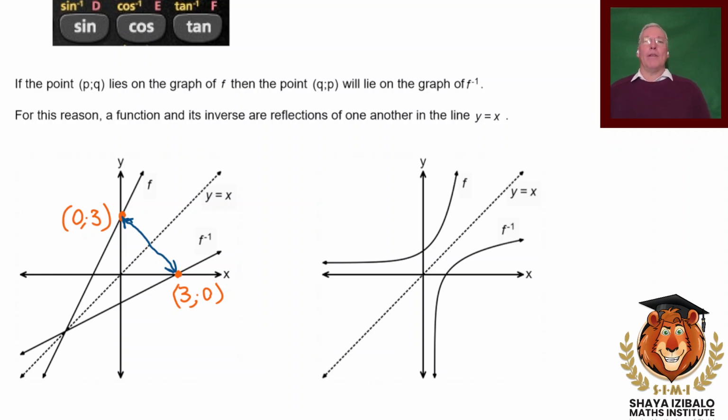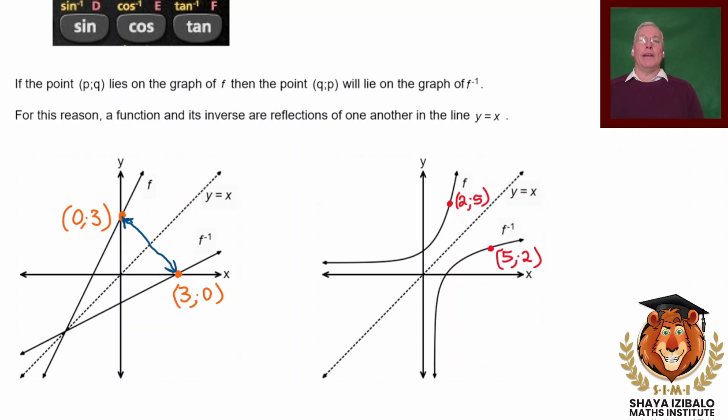Okay, let's look at another one over here. Suppose, and I'm just making up numbers here, this point over here, this looks like an exponential graph, okay? Suppose this was (2, 5). So when you put 2 into the function, you get 5 out. If you swap that point around, (5, 2), when you put 5 into the inverse, you get 2 out, because the inverse undoes what the function does.